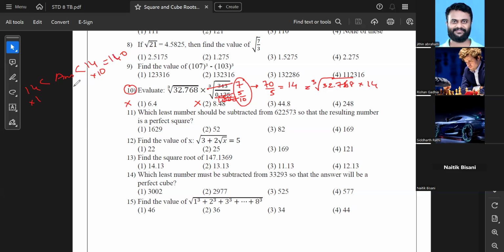My answer is less than 140. So 248 is also not my answer, which means 44.8 is the answer. So we can also see that the cube root of 32.768 will not result in a perfect whole number. So we can also determine that option number 3 is the correct answer, the decimal value. Correct, correct. That is also a logic.